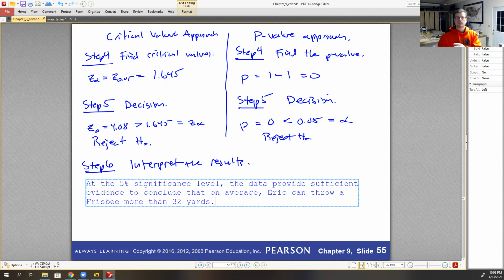So if we had actually not rejected the null hypothesis, then we would have said at the 5% significance level, the data do not provide sufficient evidence to conclude this.